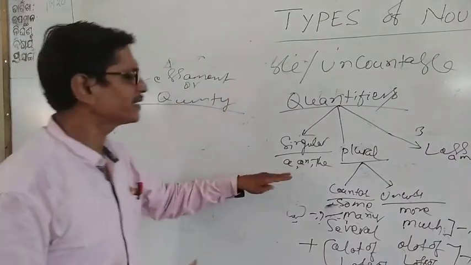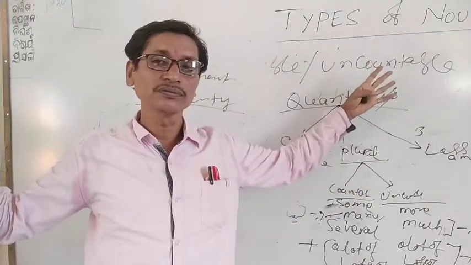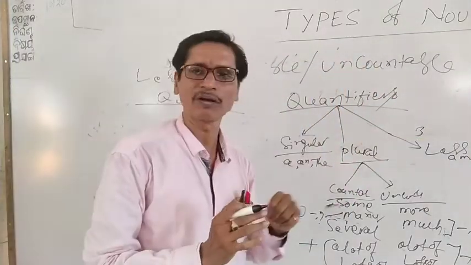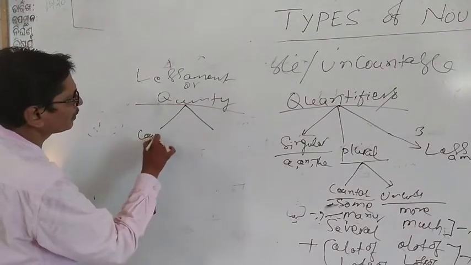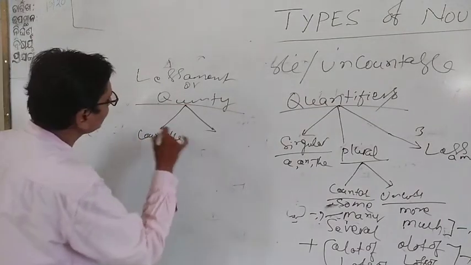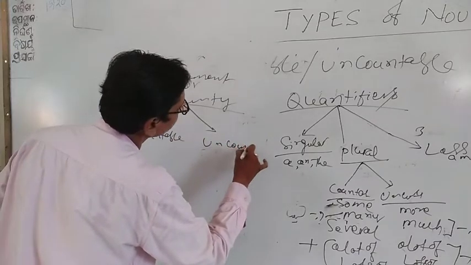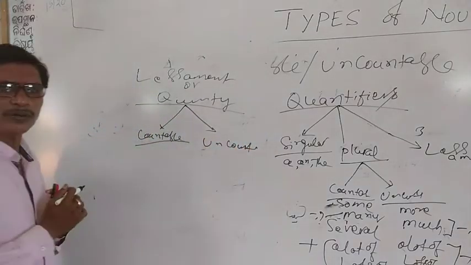Less amount and quantity is also used for countable and uncountable.